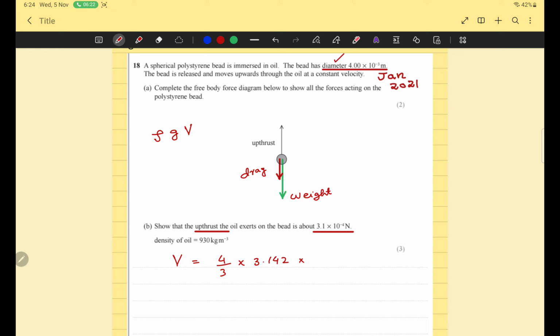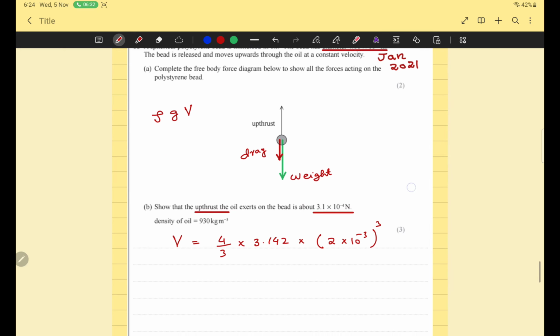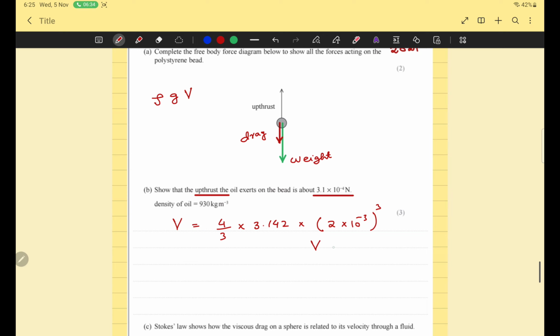R is the radius, and we are given the diameter. If you divide the diameter by 2, it turns into the radius with the same exponent. If you solve this equation, you can calculate the volume of the bead. Using a calculator, the answer is 3.35 exponent minus 8 meter cube. This is the volume of the bead.